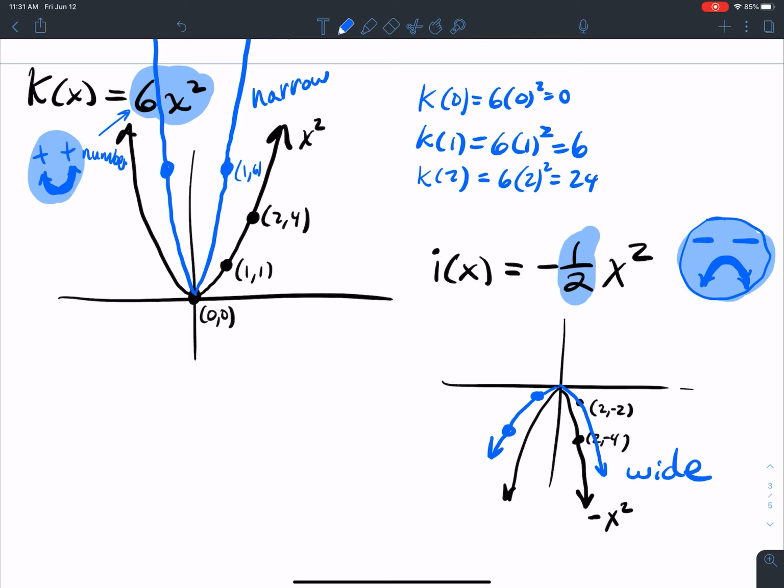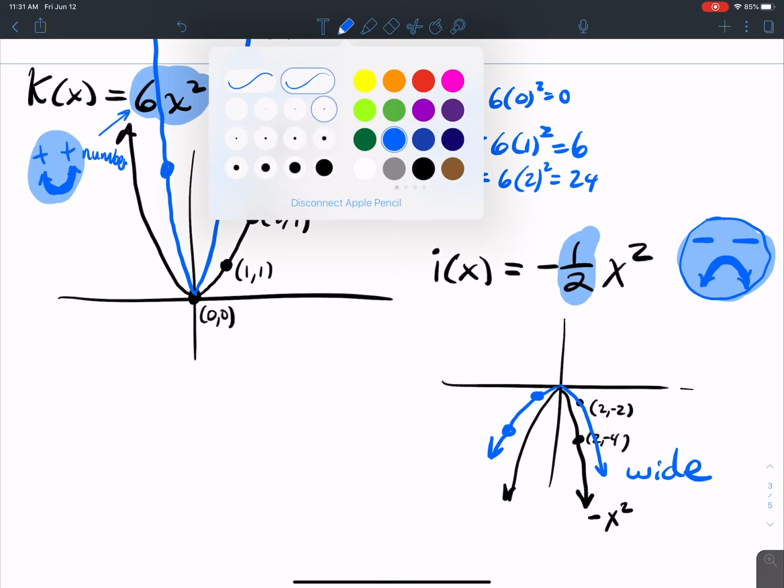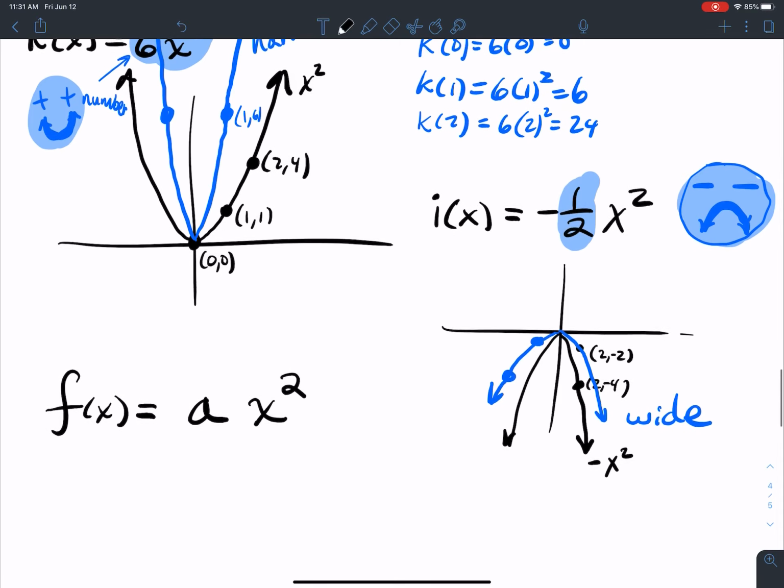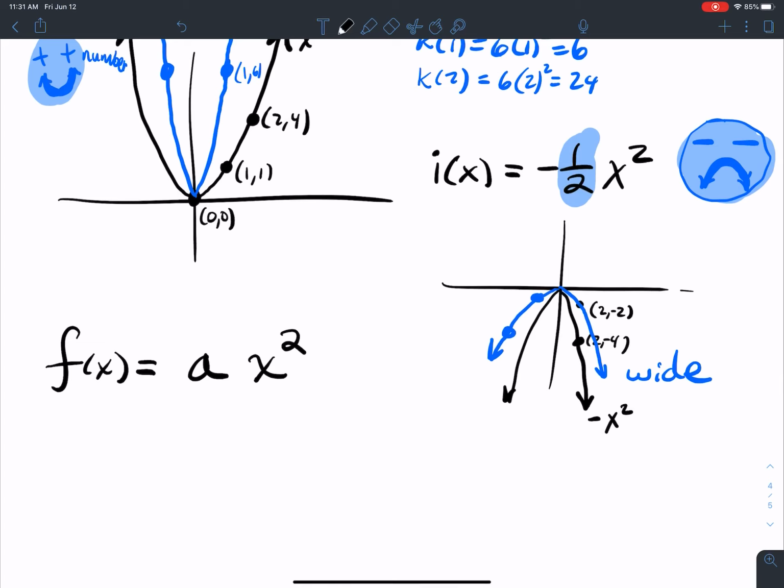So there's a trick here. This is going to kind of sum everything up, okay? So say I have some f of x equals a x squared. If that a in absolute value is greater than 1, then we're narrow.